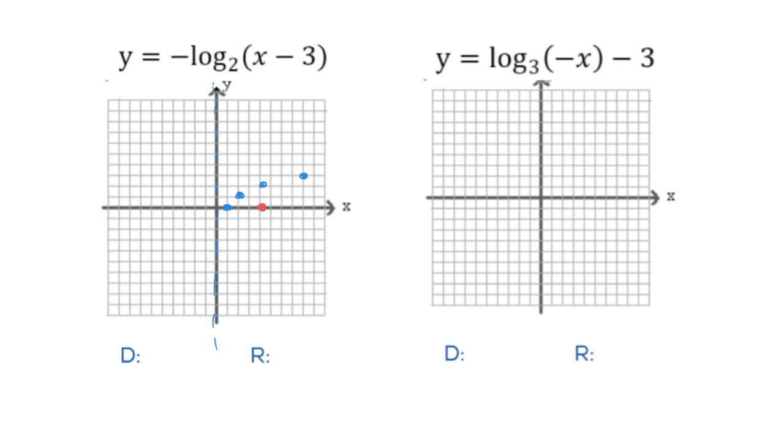Next dot, I'm going to reflect it, right 3. Reflect, right 3. Reflect, right 3. The reflection does not affect my asymptote, but it is going to move it right 3.